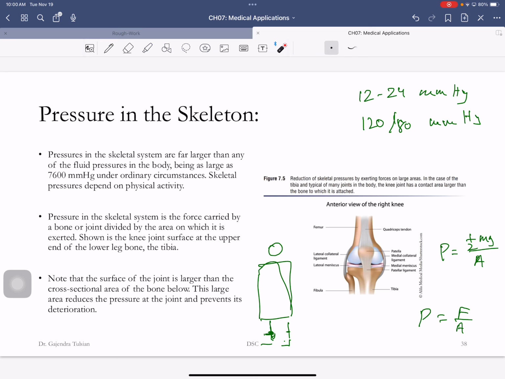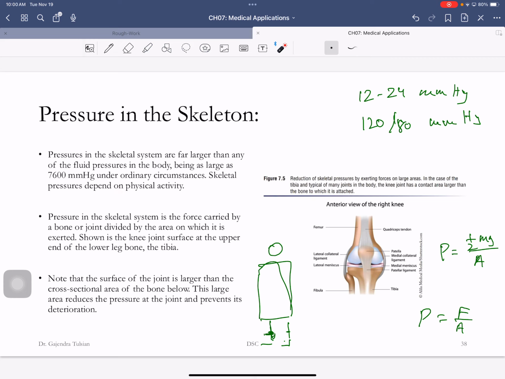And that pressure can amount to quite large. So pressures in the skeletal system are far larger than any fluid pressures in the body, being as large as 7,600 millimeters of mercury under ordinary circumstances. That's 10 atmospheres. Skeletal pressure depends on physical activity as well.